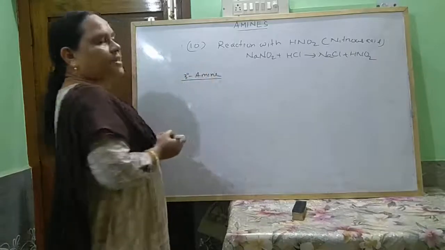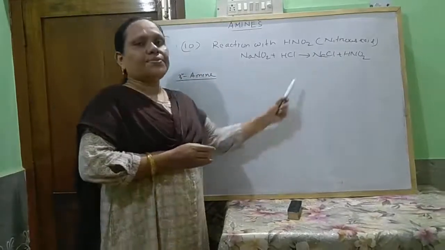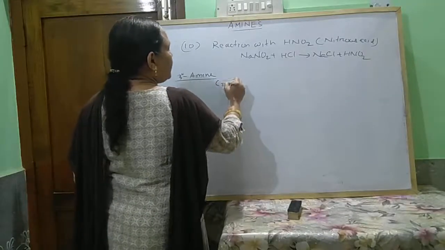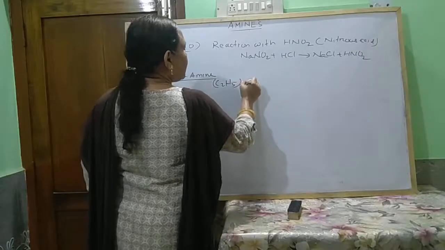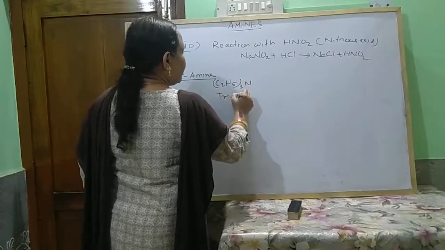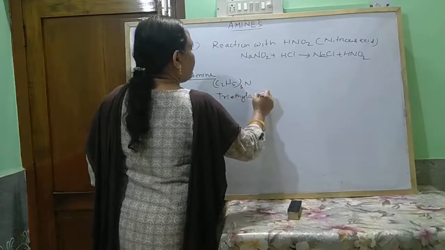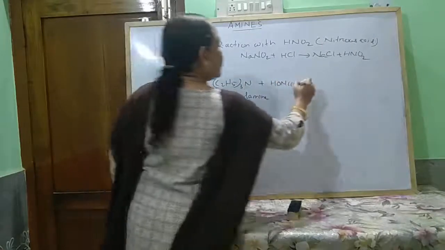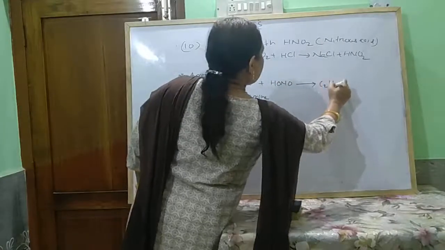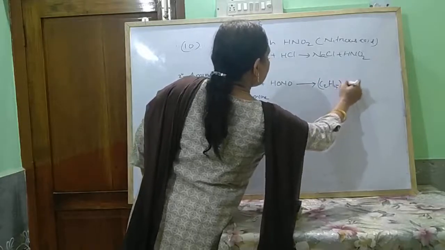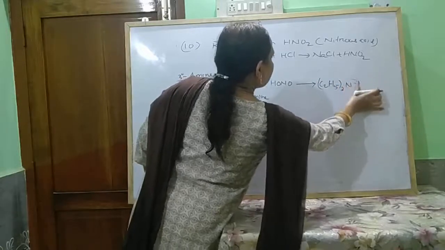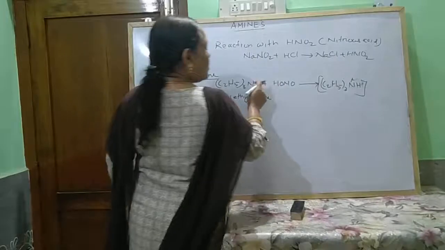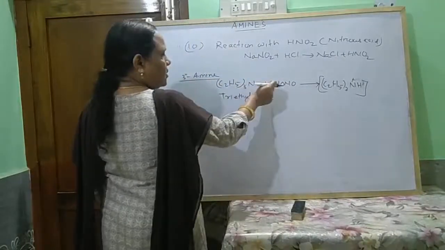Tertiary amine. The aliphatic tertiary amine reacts with nitrous acid to form a salt. Look at the example. This is triethylamine, which reacts with nitrous acid to form... the N H plus one hydrogen atom, this H plus ion is absorbed by this.